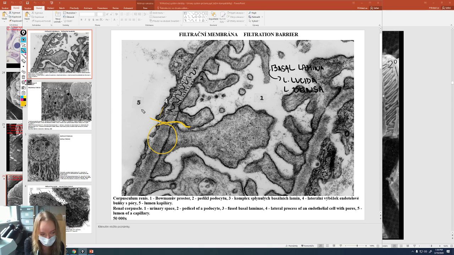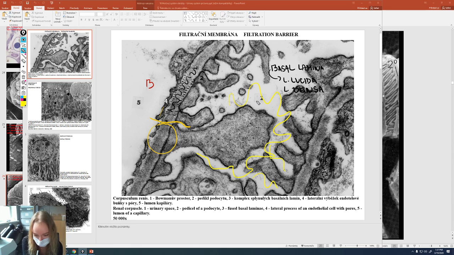And filtration, of course, is going from the blood. There is blood in this capillary right here. So from the blood to the space that you already know, the Bowman's space right here. This space is too small to describe on light microscopy.